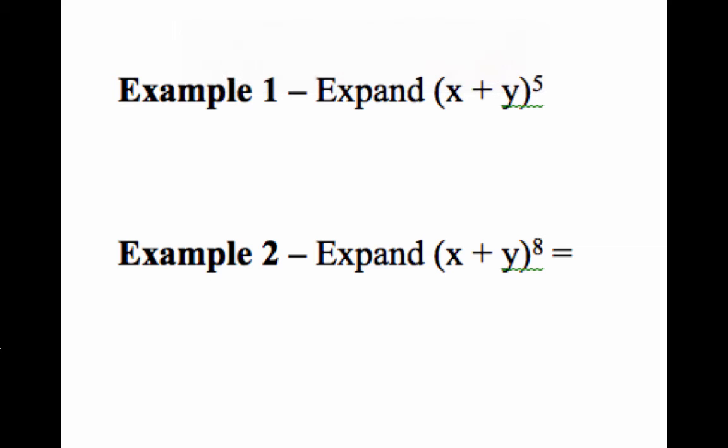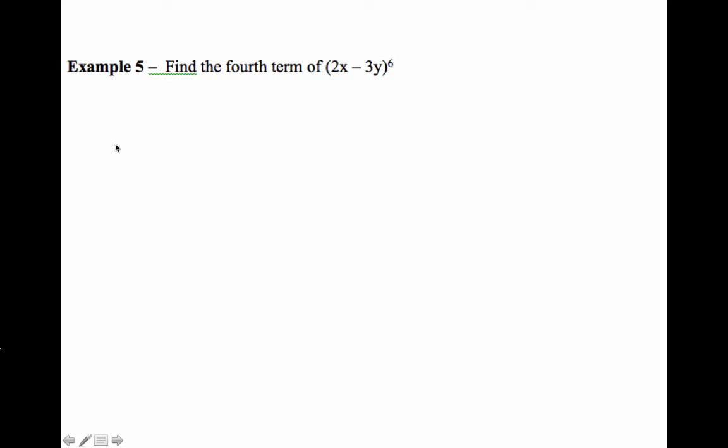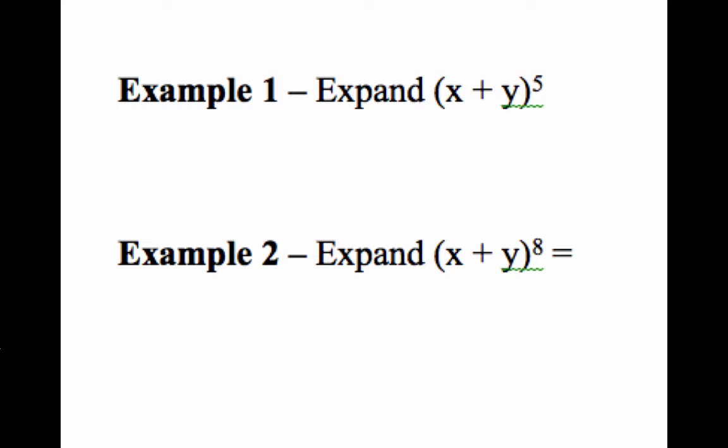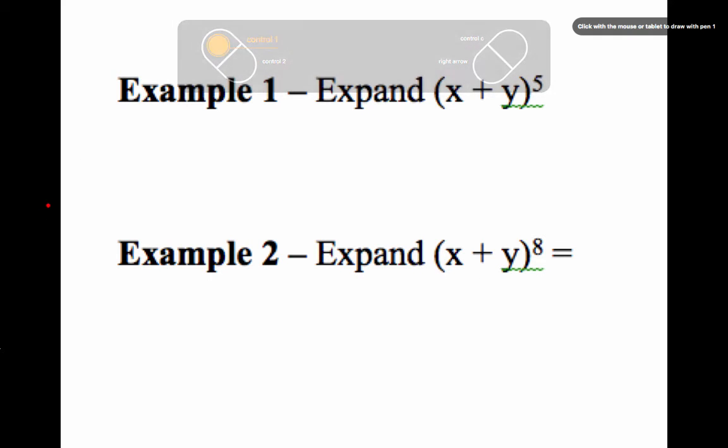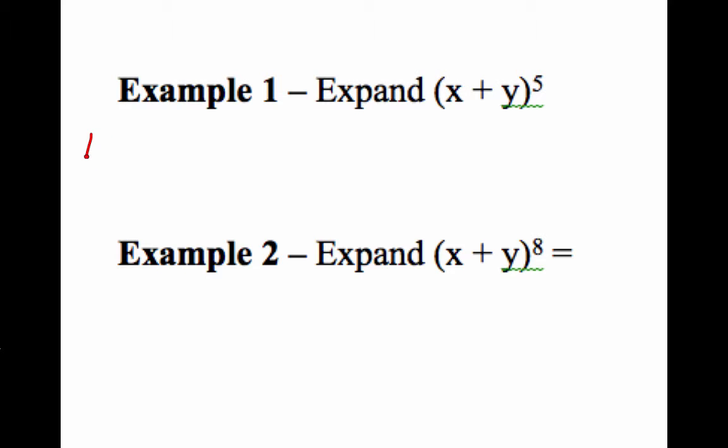So if we were going to do the next one, we're going to go straight off of the table. We're going to go 1x to the fifth. We wouldn't write the 1. I'm doing it just for the heck of it.